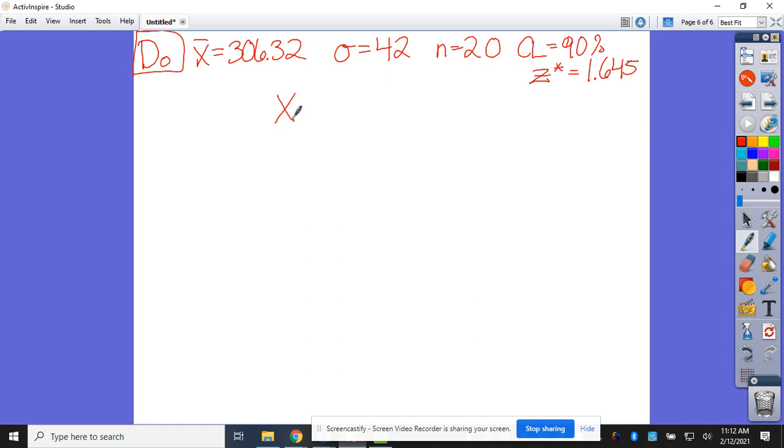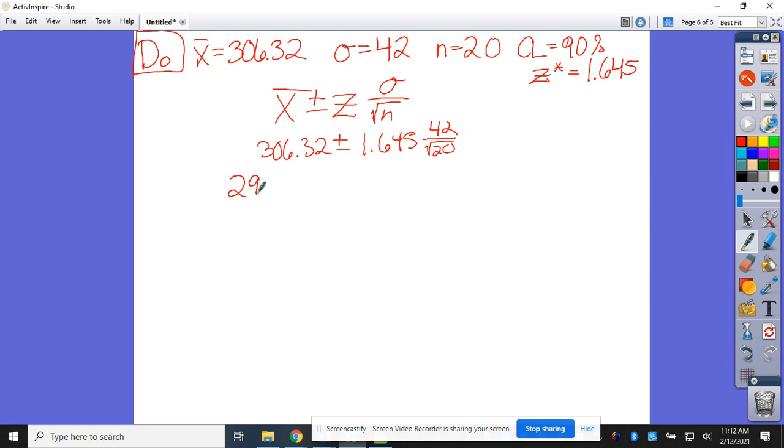All right, so my equation is X bar plus or minus what times what? So this is 306.32 plus or minus 1.645, or whatever you wrote there, times 42 over square root of 20, which gives us a lower bound of 290.